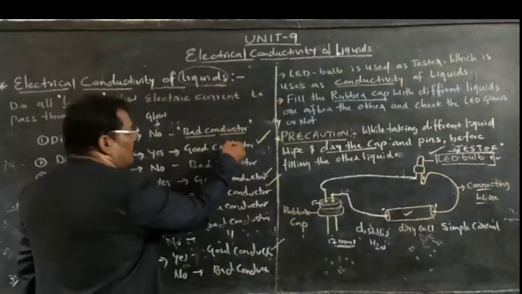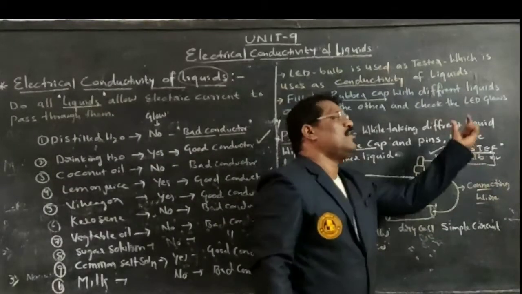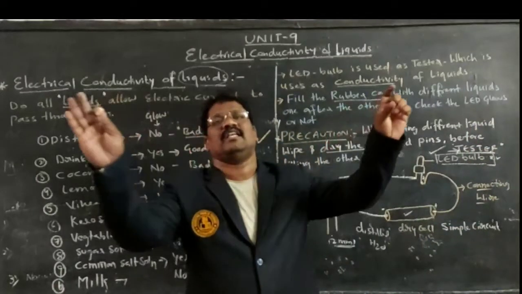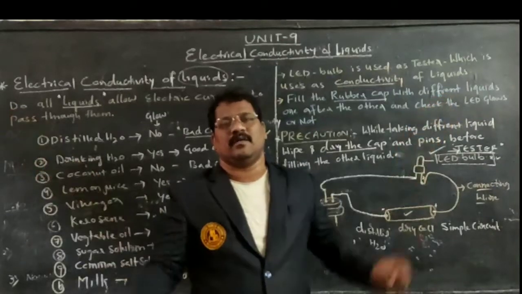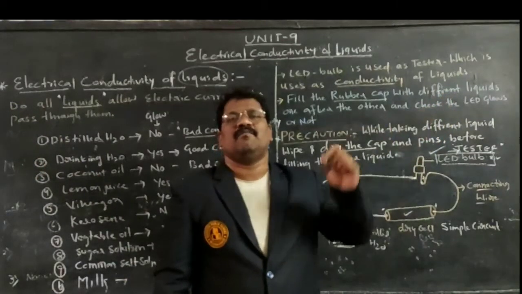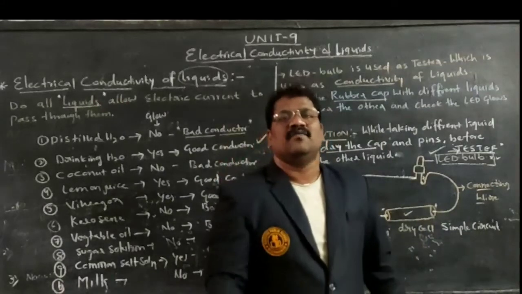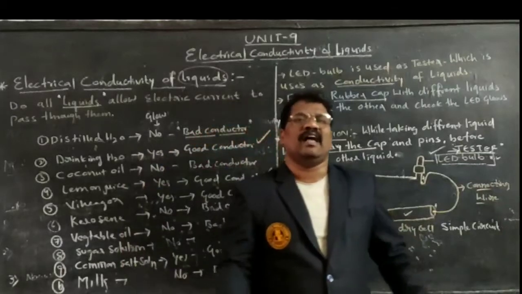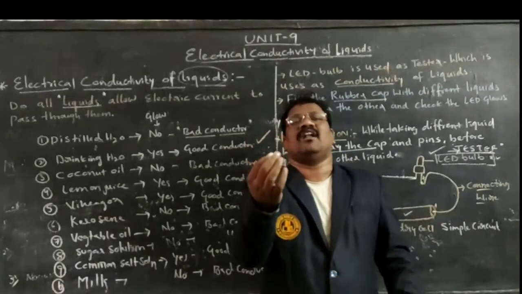And if you observe all these solutions, the intensity of the bulb glowing will vary. It won't remain the same brightness for each and every liquid. For some solutions it will be much brighter, for some solutions it will be much dimmer. Why is the intensity of the bulb much dimmer?